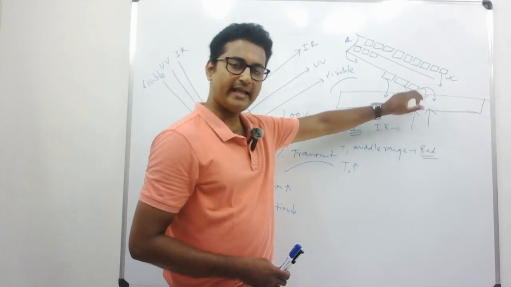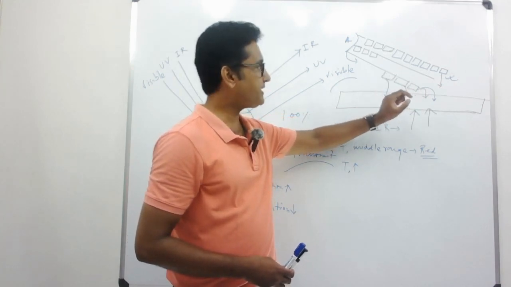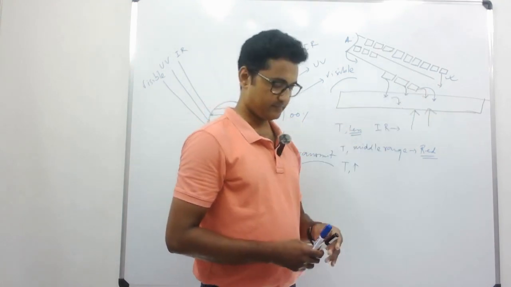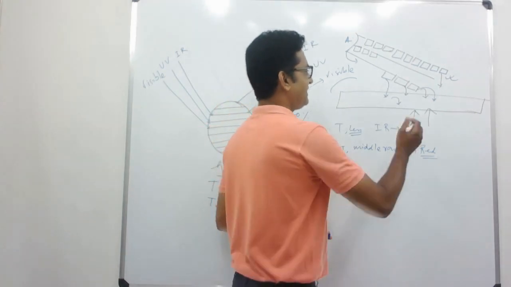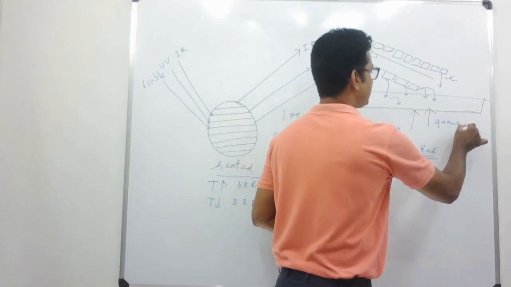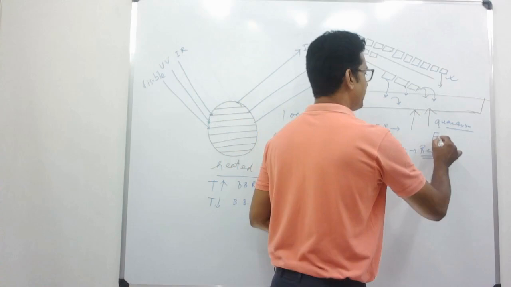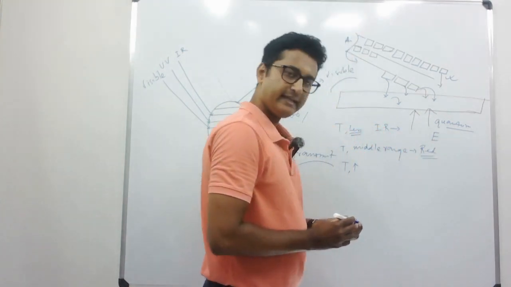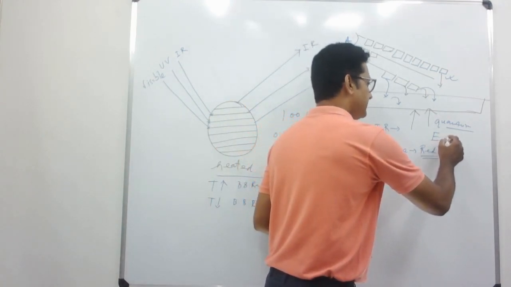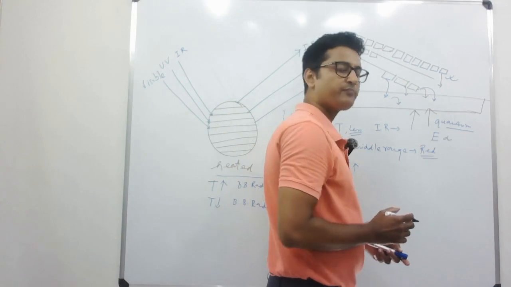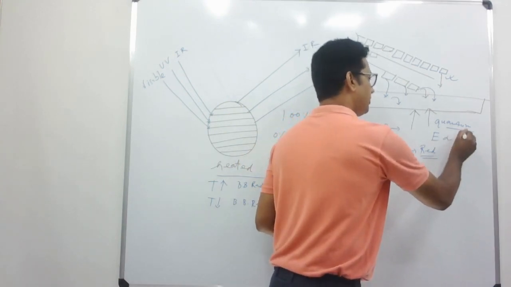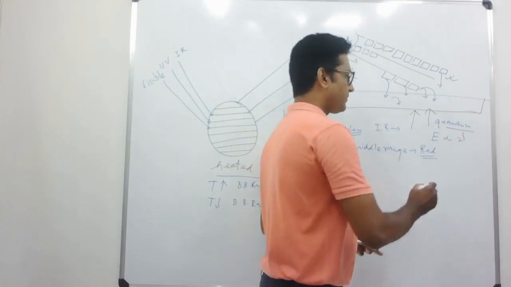gave the amount of energy which is contained within a quantum. That means a quantum contains a specific amount of energy, E, and that specific amount of energy is directly proportional to the frequency of the energy, right?